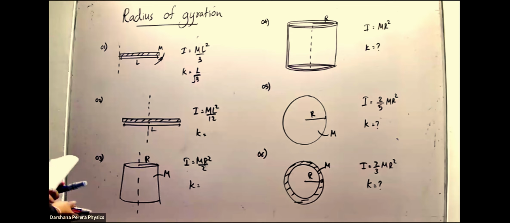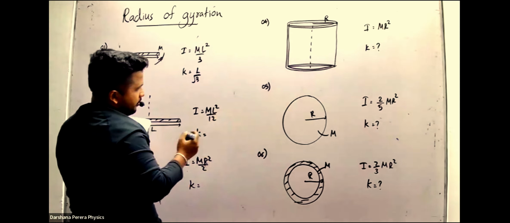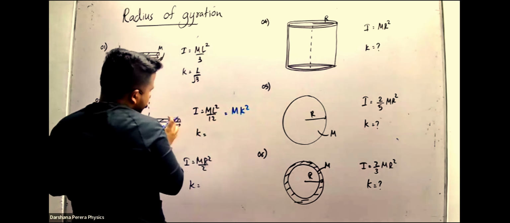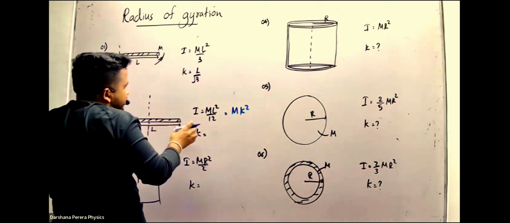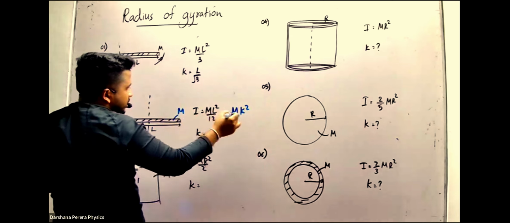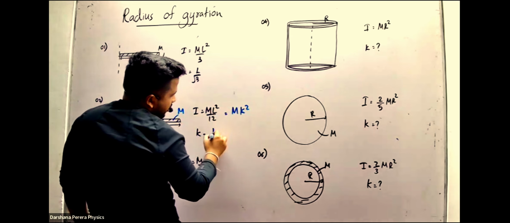In this case, we have to equate it to M K square. We have to accumulate or concentrate this M value into the K distance. Therefore, K is L over root 2.